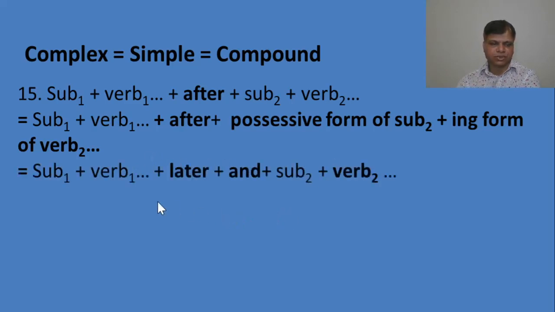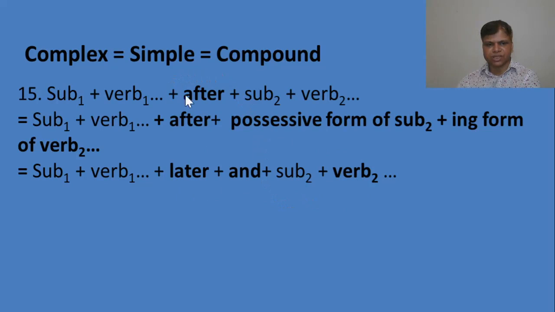Then if you want to make it a compound sentence, we have to add later at the end of the independent clause, and two clauses will be joined by and, a coordinating conjunction.